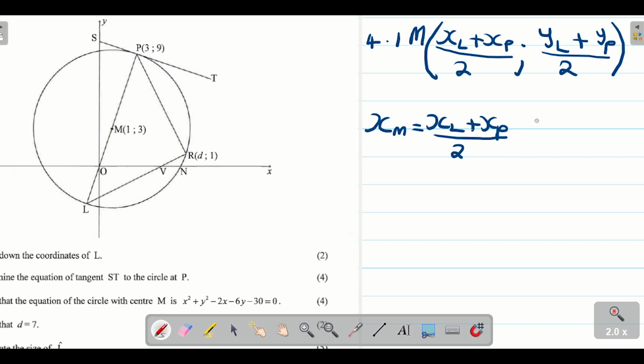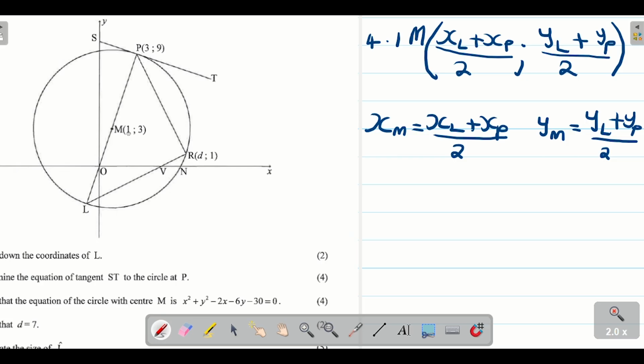And the same thing, the y value of M equals the y value of L plus the y value of P, divided by 2. What is the x value of M?